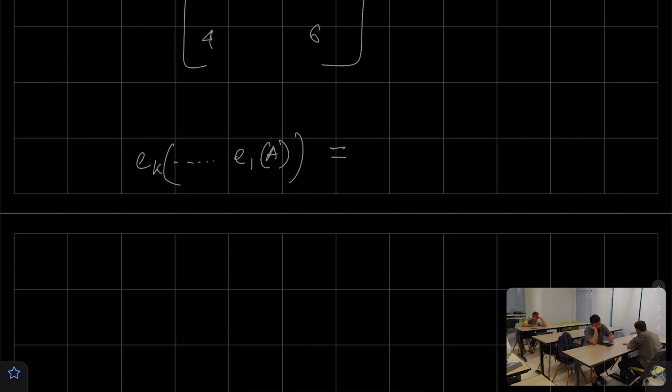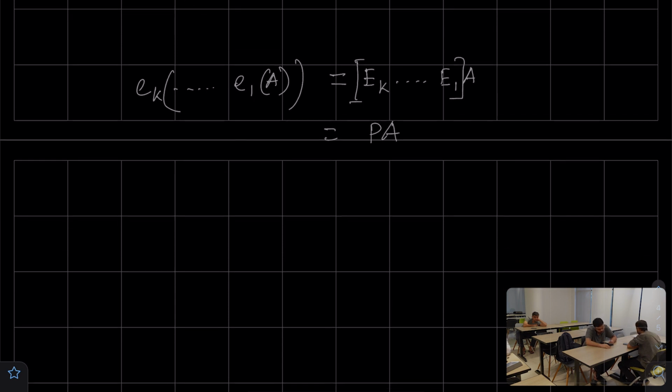So I will get something like E_K dot dot E_1 times A, right? All this matrix multiplication is possible, so I can simply define this as P, and this is just K, right?